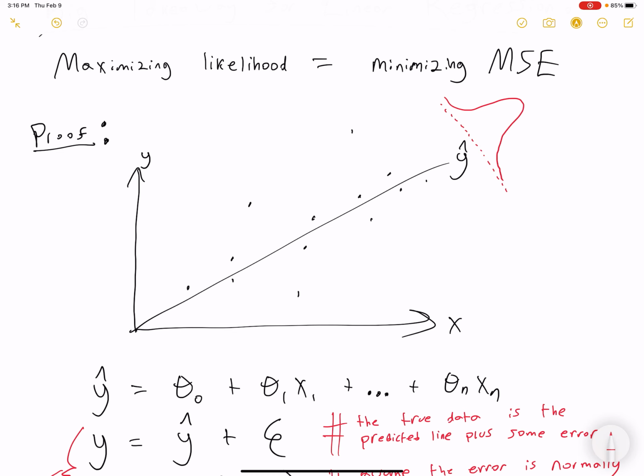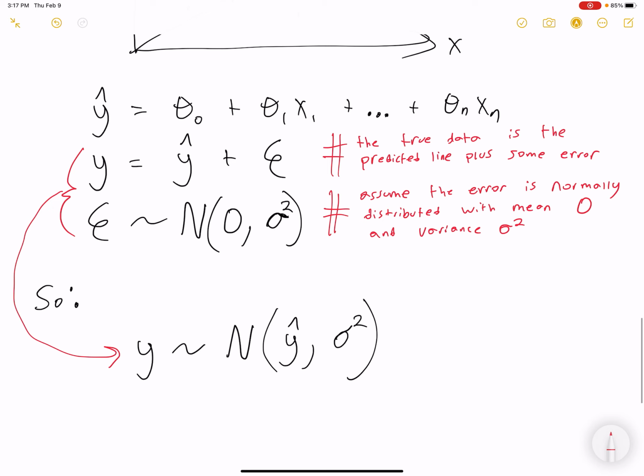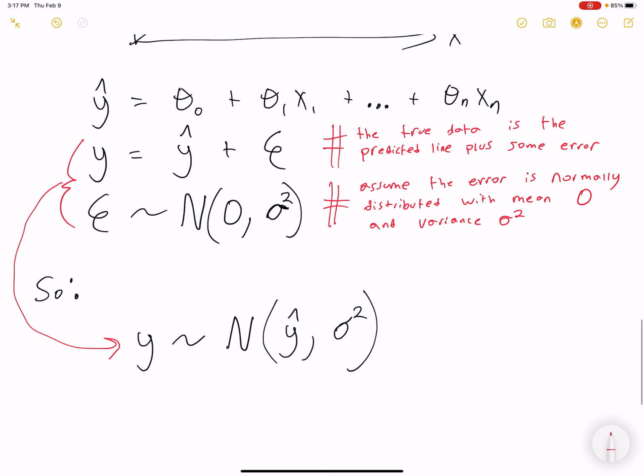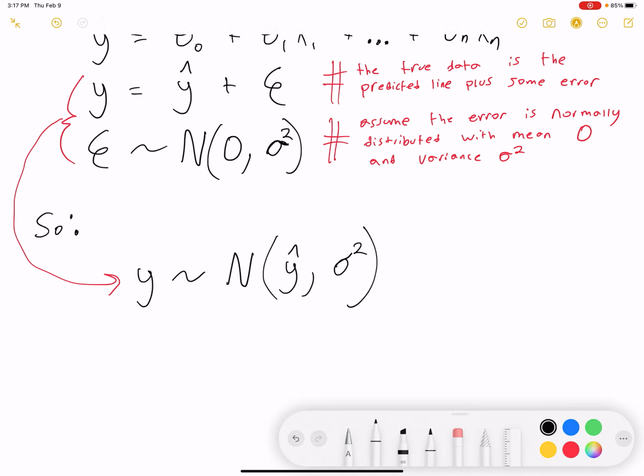So that's what we're modeling here. We have our predicted line, and the actual values of the data points, so y, are normally distributed around that y hat. We're just writing that in math form. So now going to our log likelihood calculation.